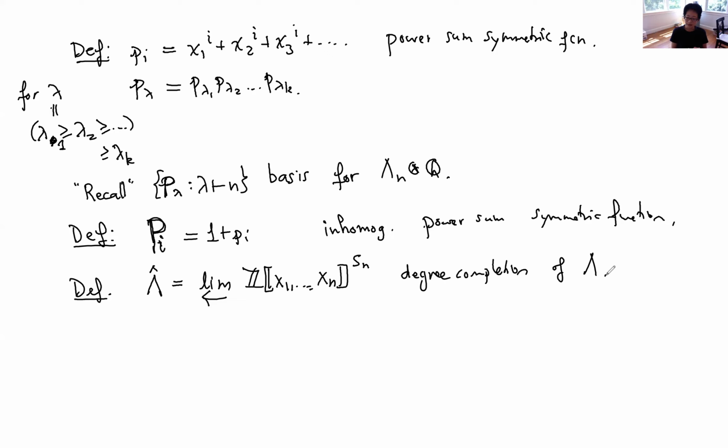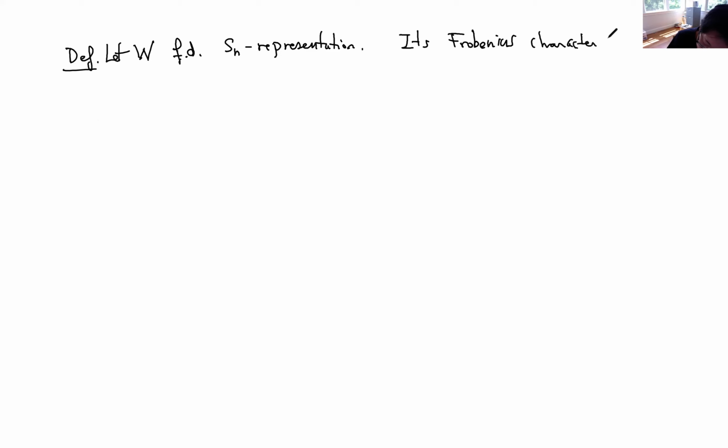If so, I will just write the definition of Frobenius characteristic. So if W is a finite dimensional Sn representation, then its characteristic, or Frobenius characteristic, is the following symmetric function.